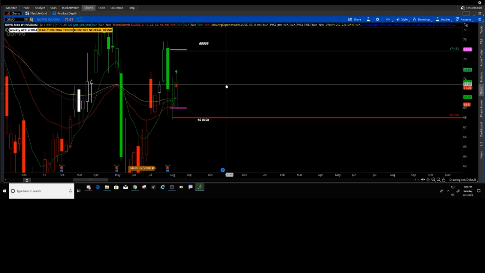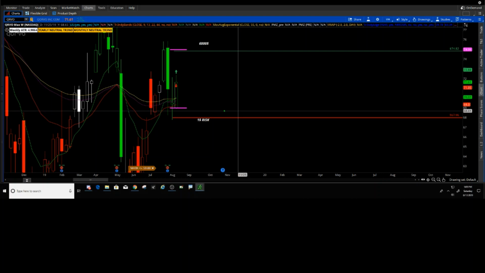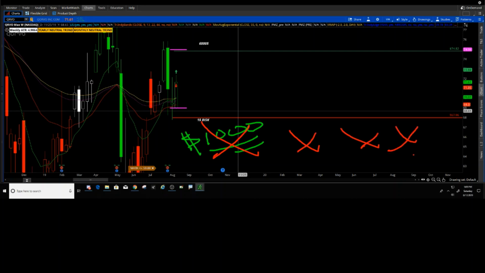So if I put $1,000 into this trade, then it's okay if I lose this $1,000 because I paid $1,000 and I know what my risk is. Let me tell you something. If you don't have a good process, this is going to happen to you over and over and over until you have zero in your account.